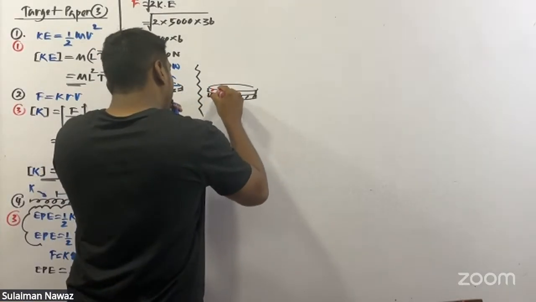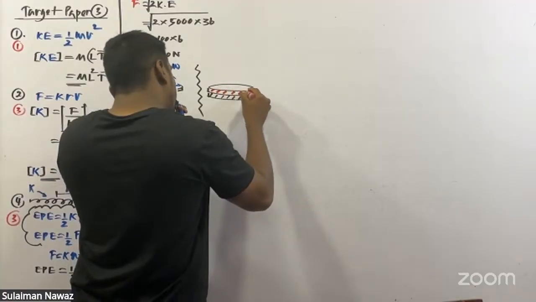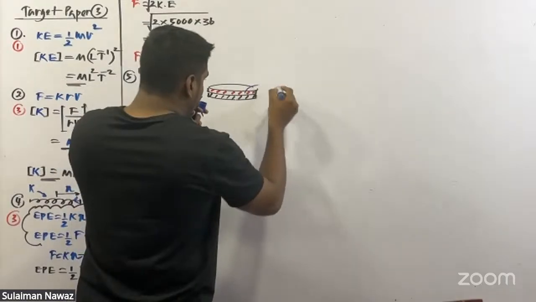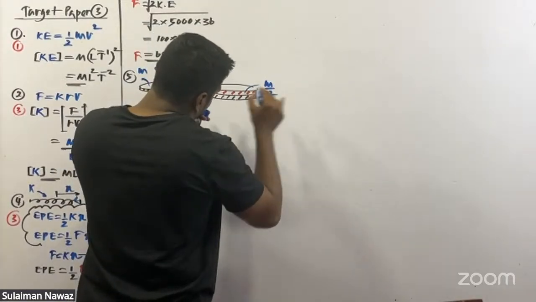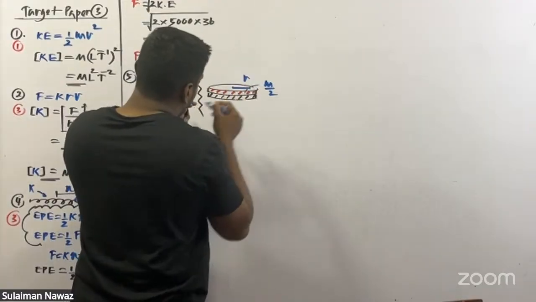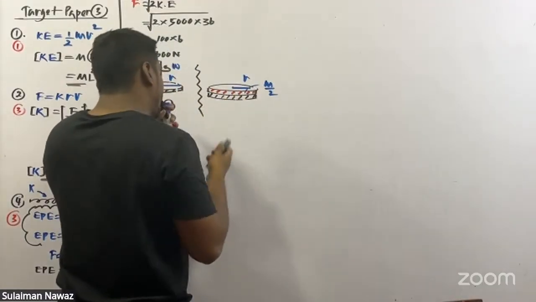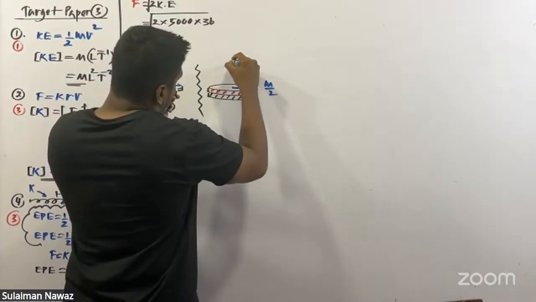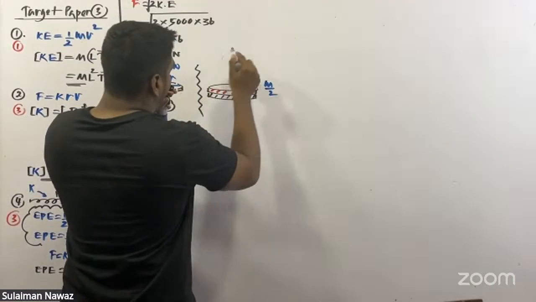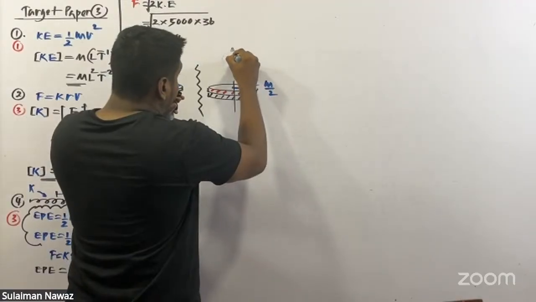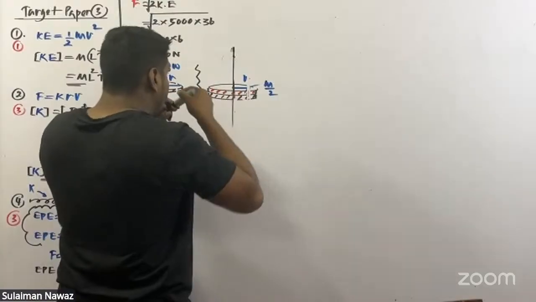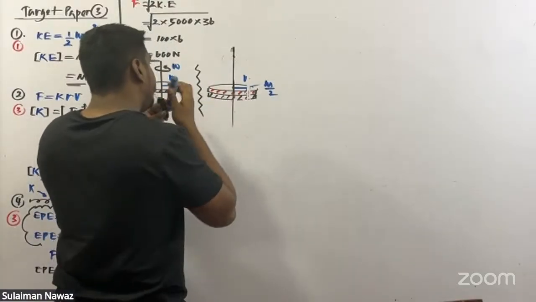Its mass is m over 2, but the radius is the same, r. The axis of rotation is the same. Once you place the second disk on top of the first disk, the angular velocity of the entire system is omega 1.